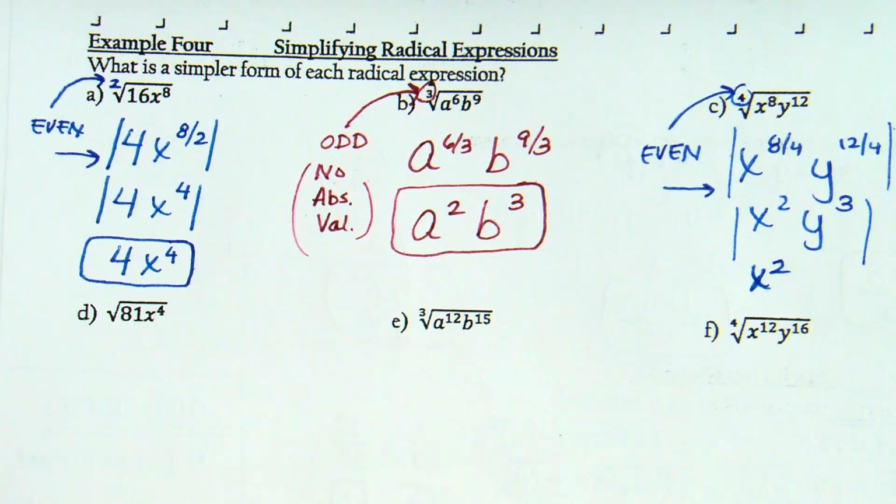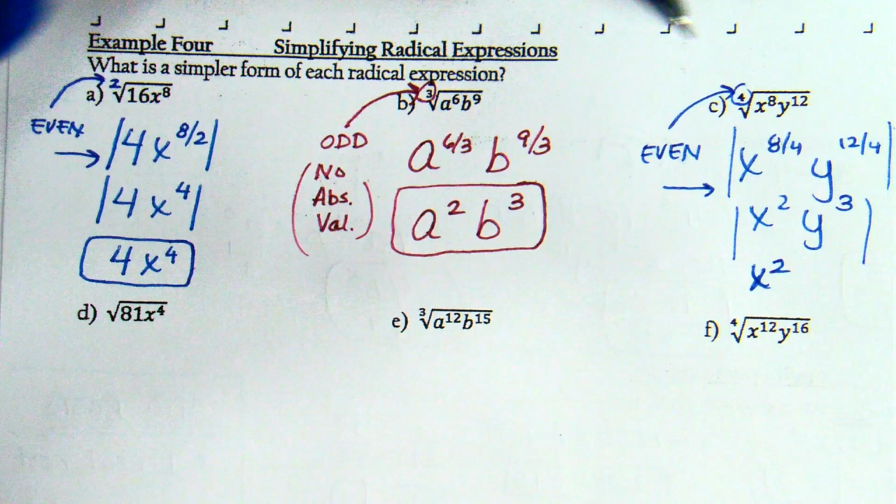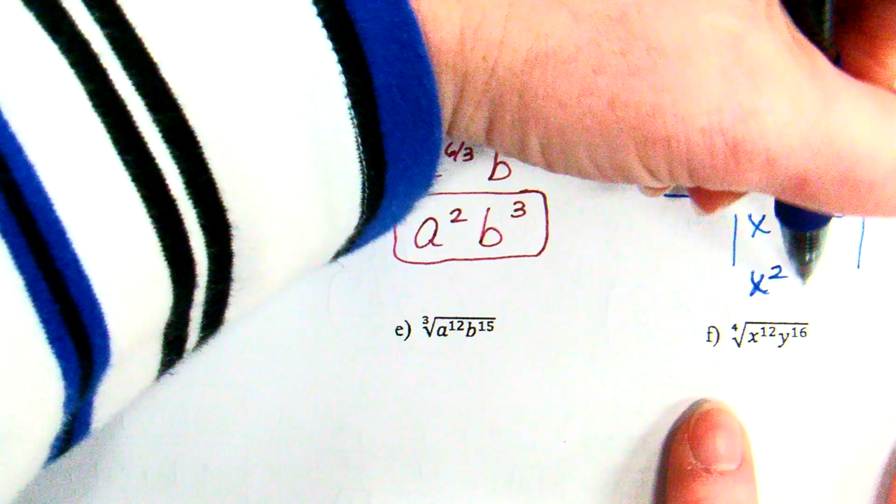Now, y to the third, could that be negative? Yes. For example, what if y is negative 2? Then y to the third is negative 8. Are we allowed to have a negative answer coming out of an even root? No. So that means I'm going to leave absolute value on my y to the third.